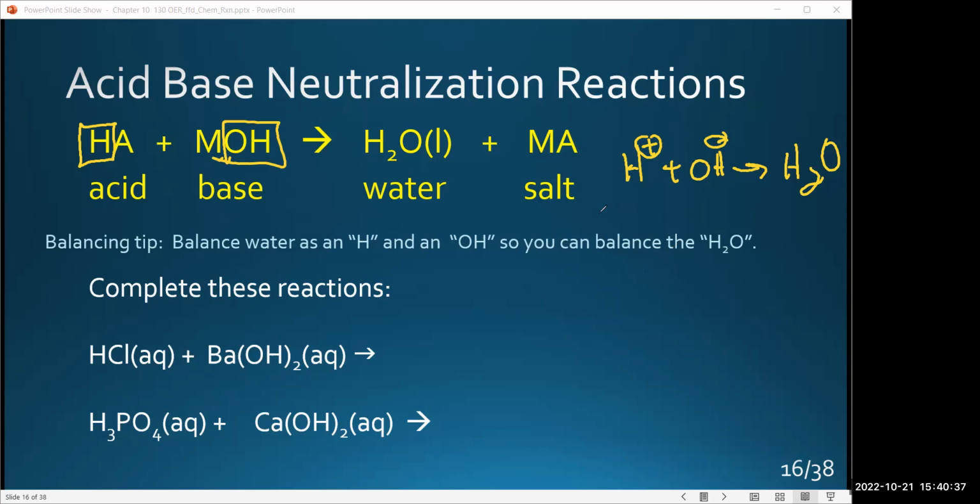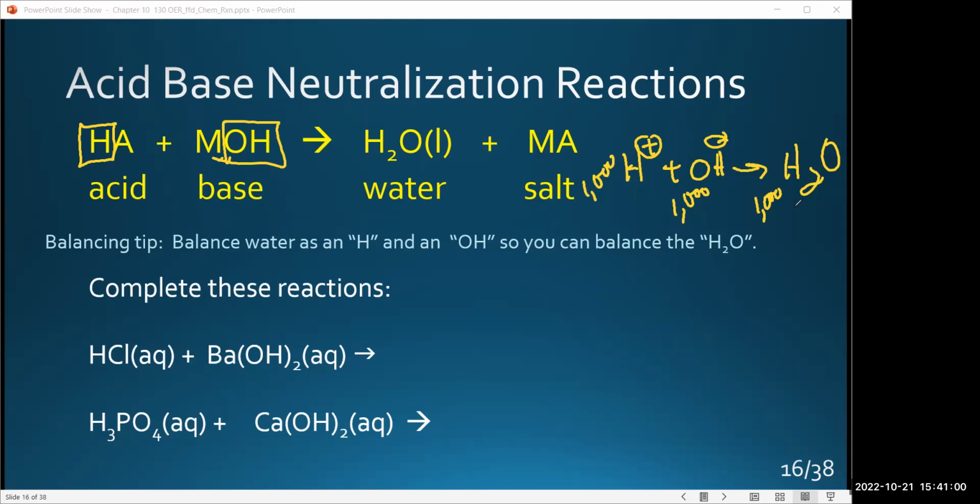So if I have 1,000 protons, I need 1,000 hydroxides, which will give me 1,000 molecules of water. And that's because it's a 1-to-1, we call that stoichiometry.